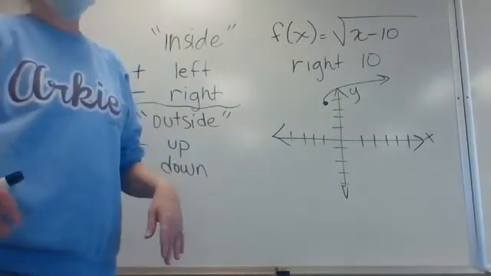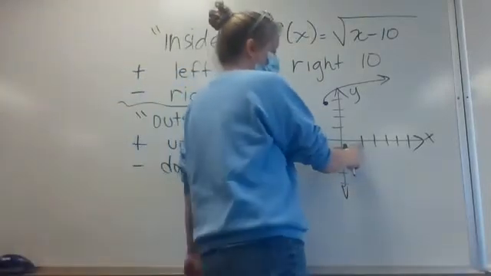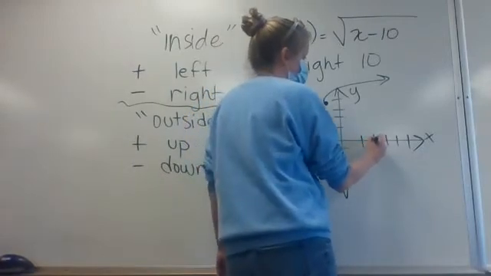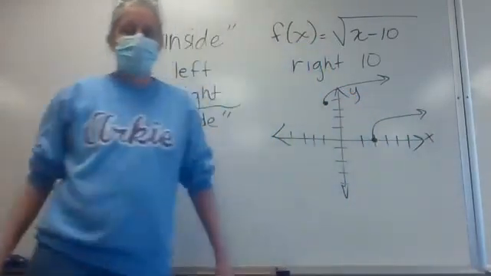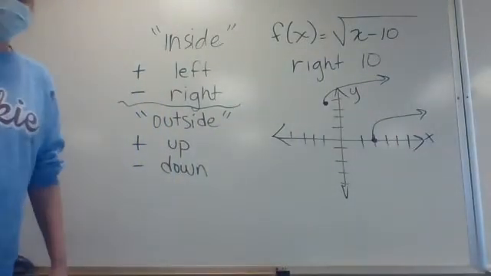The hash marks are going to go by 5s. So there's 5, there's 10 to the right. So that's where it's going to start and be your square root graph.